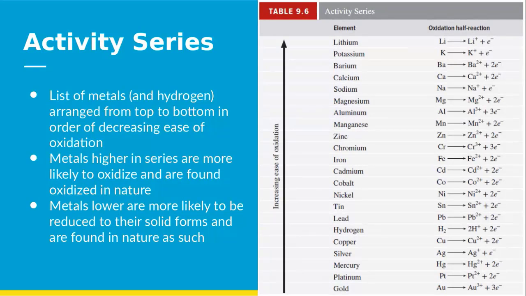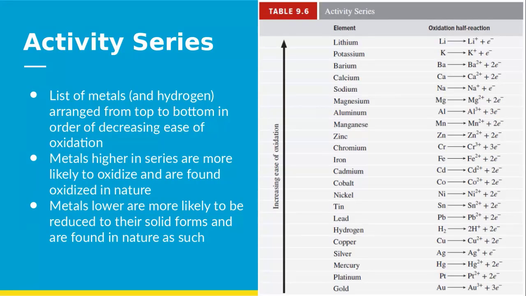So metals higher in the series are more likely to become oxidized, and they're also found oxidized in nature. If you think about gold, we don't think about gold as a component of or one atom in a molecule. Gold is usually just found as gold, a precious metal in the earth, and that's why it's found as gold alone.